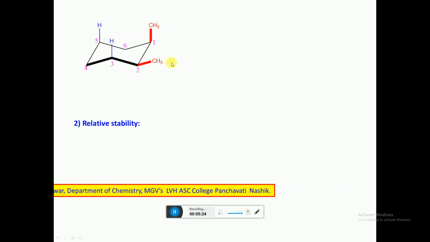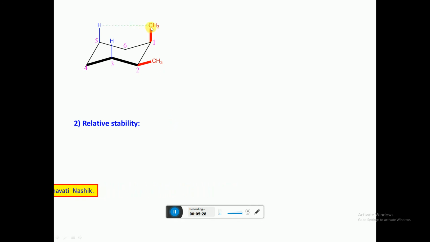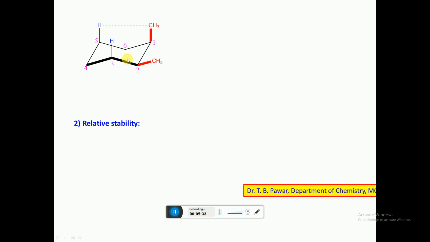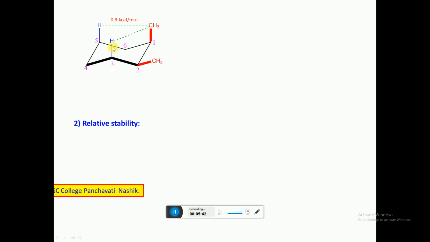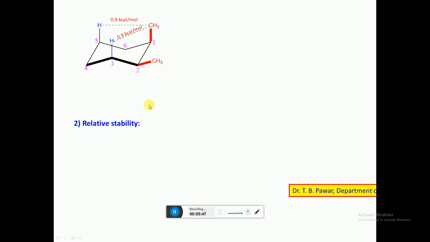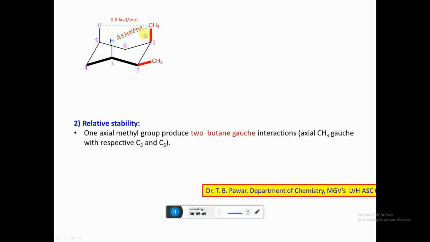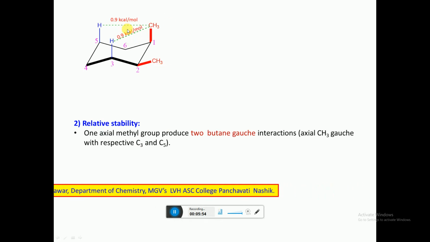Two gauche interactions, or in other words, there is a 1,3 diaxial interaction between C1 CH3 and C5 H, and one gauche interaction has 0.9 kilocalorie per mole. Similarly here, axial C1 CH3 has a 1,3 diaxial interaction with C3 H, and it has 0.9 kilocalorie per mole. So there are two butane gauche interactions, two diaxial interactions having 0.9 kilocalorie each, and the total becomes 1.8.